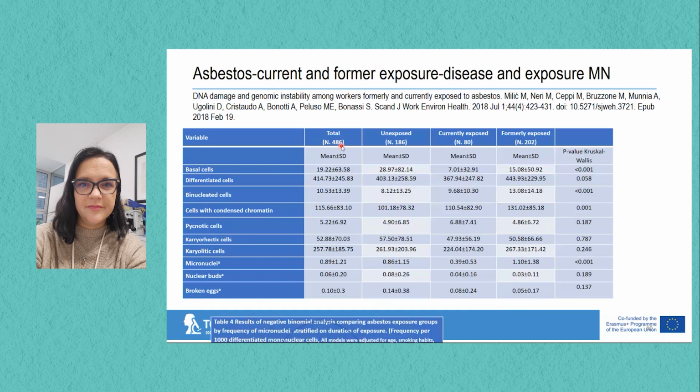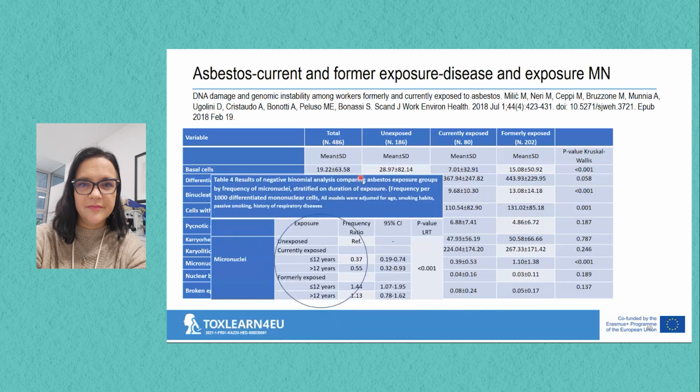And what was really interesting, we have demonstrated that 12 years of exposure duration is the most important thing in the risk assessment of whether you will get asbestosis at some moment of your life, because you never know when asbestosis will come or will it appear at all after the exposure to asbestos.